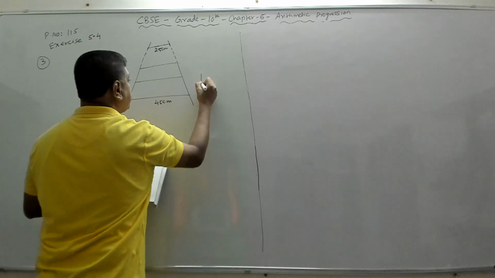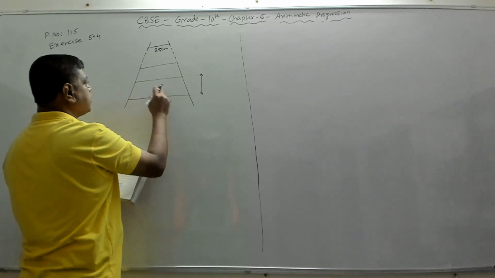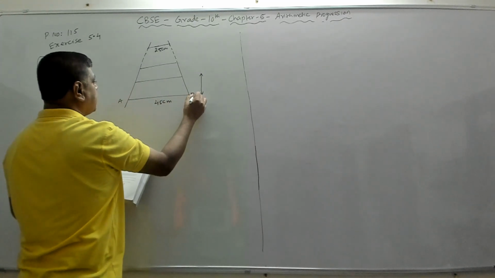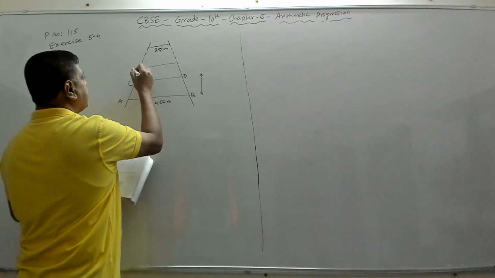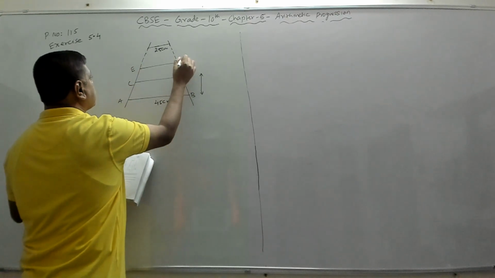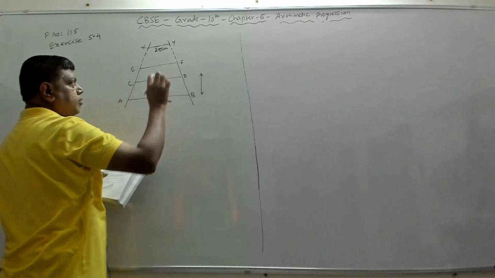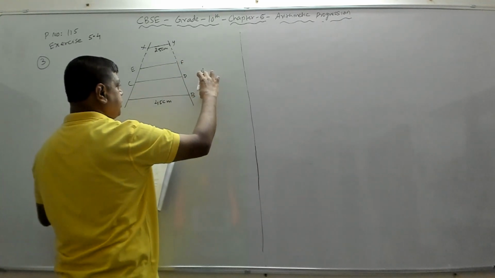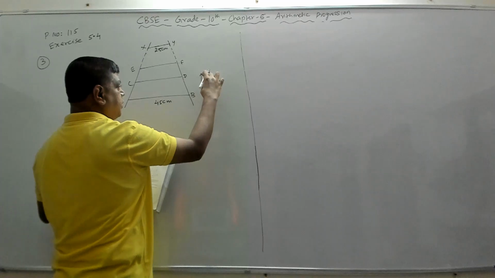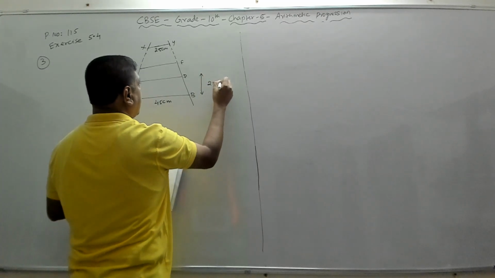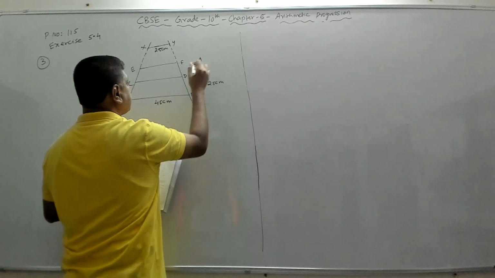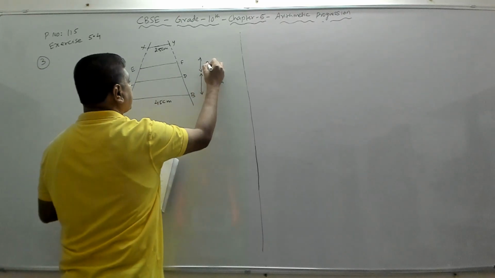And the distance between the two rungs, this is one rung, this is another rung, say AB and this is CD, this is EF, like that it goes. Probably it is XY or whatever. So the vertical distance between these two rungs is 25 centimeter. Again between CD and EF, it is 25 centimeter.